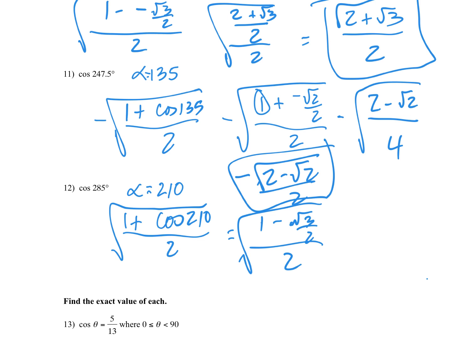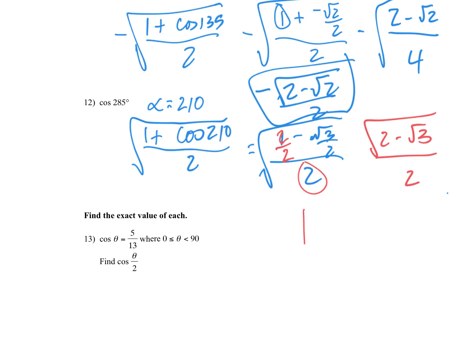This turns here into 2 over 2. So now we have 2 minus root 3 over 2, because that turns into a 4, and then the square root of 4 is 2.